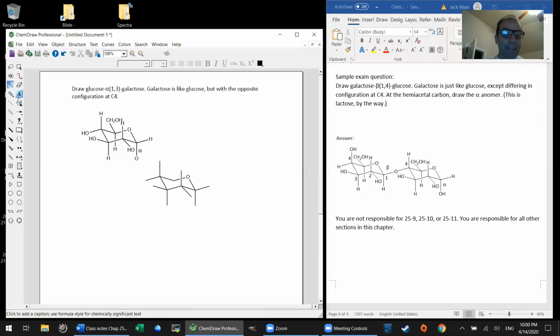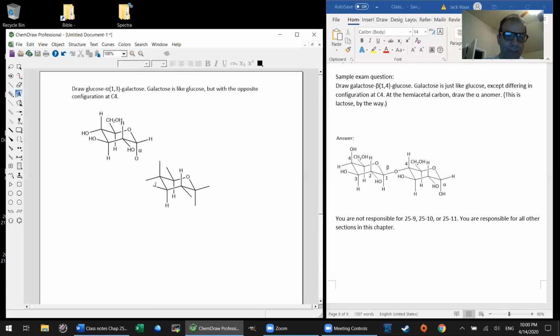But before I get to that, I want to figure out where all of my H's and OH's and so forth go. I'll leave carbon 1 undecided as of yet. So again, my H's are going to be axial in carbon 2, axial in carbon 3, and also axial on carbon 5.